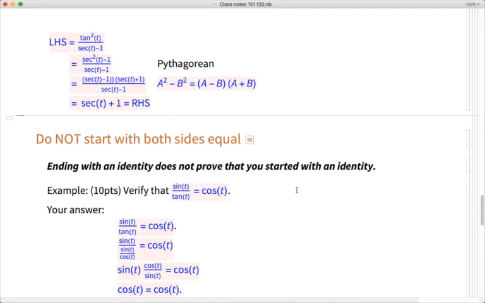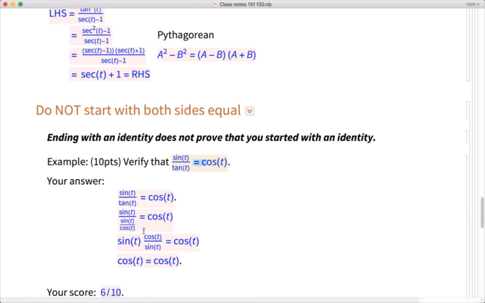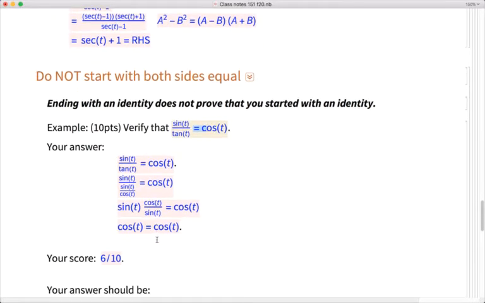Right, the one thing that you might be tempted to do, but you have to resist this temptation. If you are asked to prove an identity, do not start with writing that identity down and then manipulating both sides of the identity. If you presented your answer in this form, you would get only 6 out of 10 points.